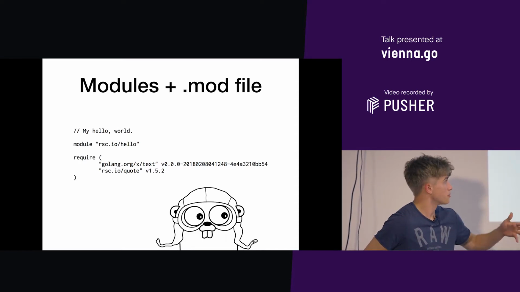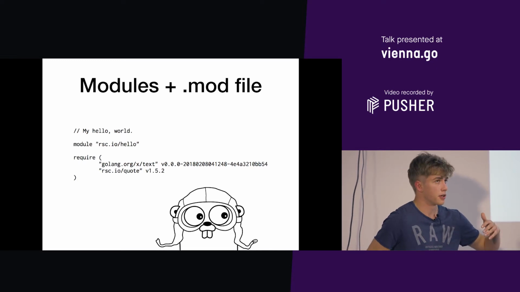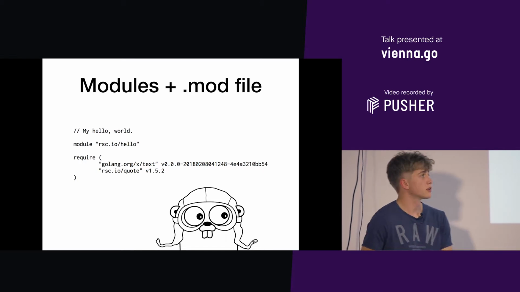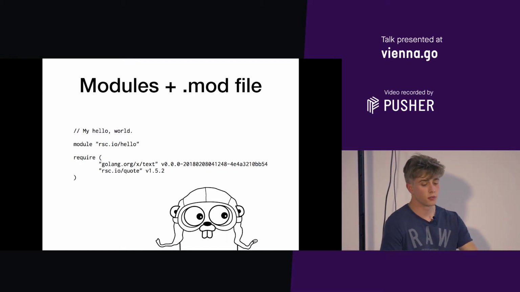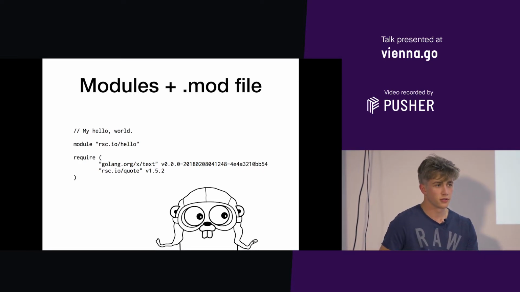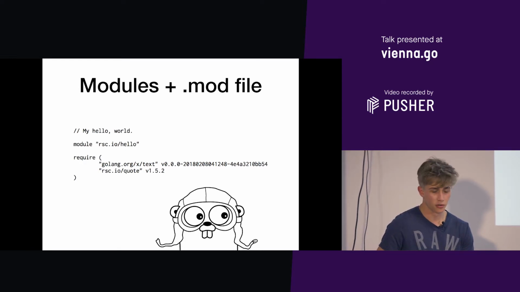You can just enter a version number, or you can pick it by a commit hash. They also want modules and the mod file to replace the GOPATH we have now. So your project can be anywhere. It doesn't have to be in your GOPATH anymore, or at least that's the goal for Vgo.